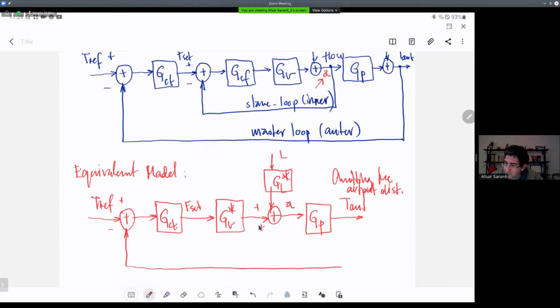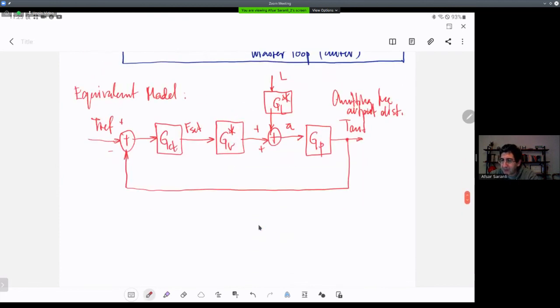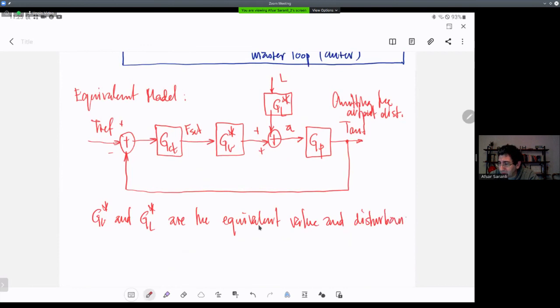So the outer loop, or the master loop, is still here, but we are aiming to eliminate the inner loop by defining GV star and GL star as the equivalent valve and disturbance transfer functions.